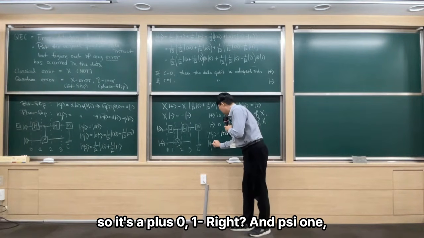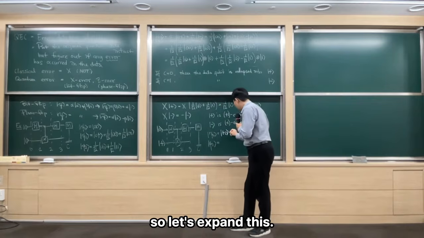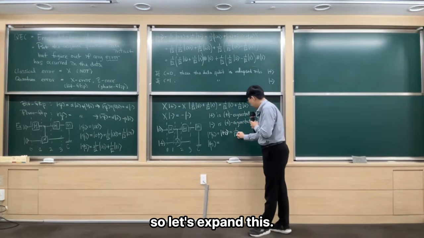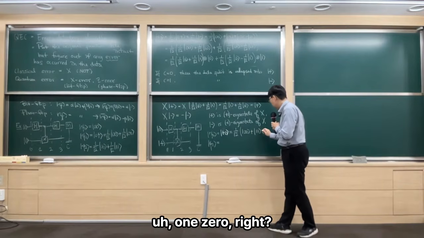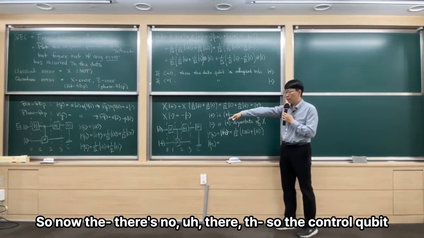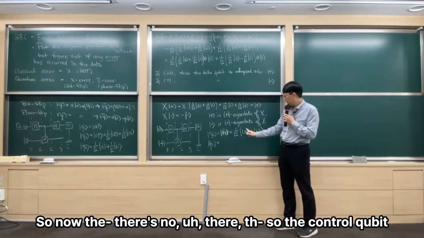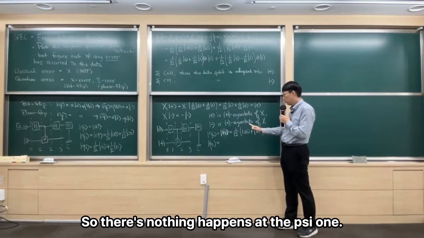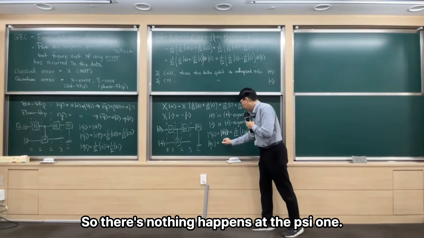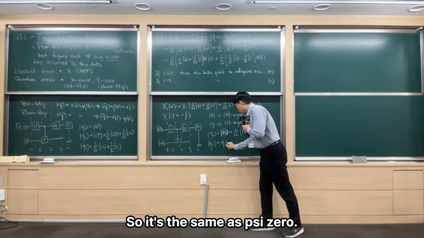And psi 1, let's expand this. The control qubit is always 0 in this case, so nothing happens at psi 1, it's the same as psi 0.